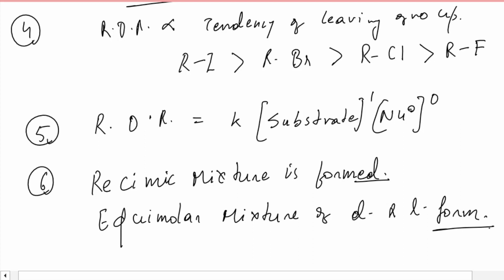So an equimolar mixture of D and L form is formed here in the SN1 reaction. So that's all about the SN1 reaction.